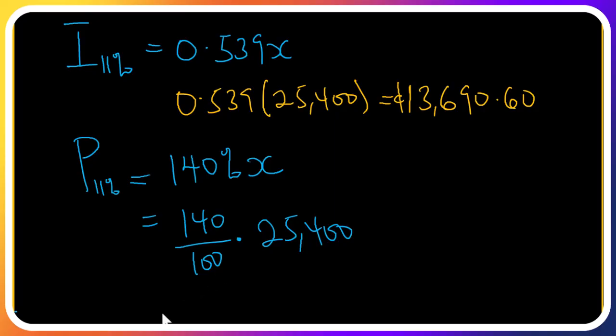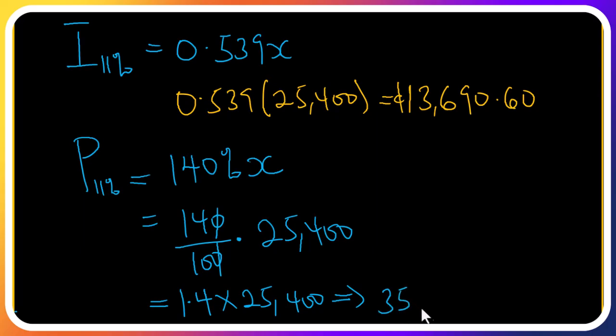Computing this on your calculator, 140 on 100 gives us 1.4 times 25,400. By computing this on the calculator, we are getting 35,560 Ghana cedis. So this was the amount invested at 11%.